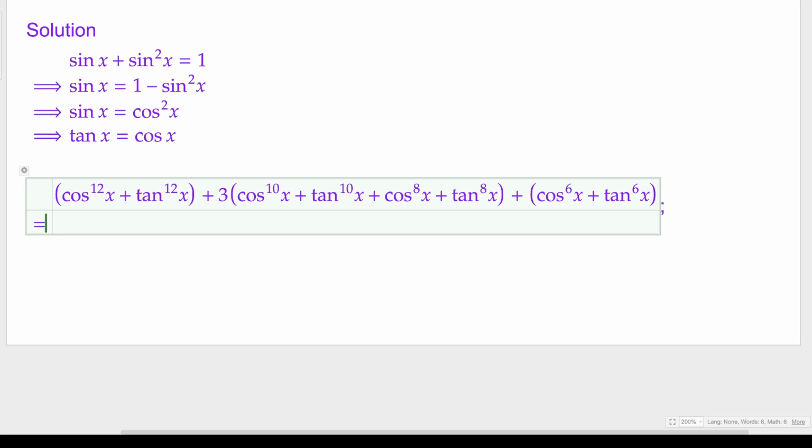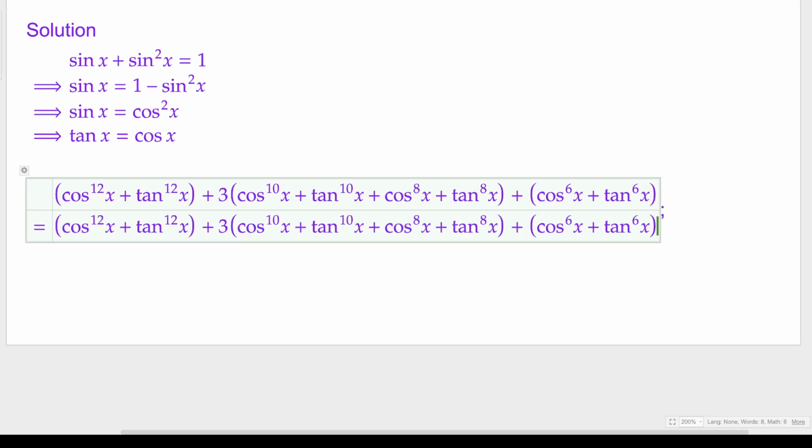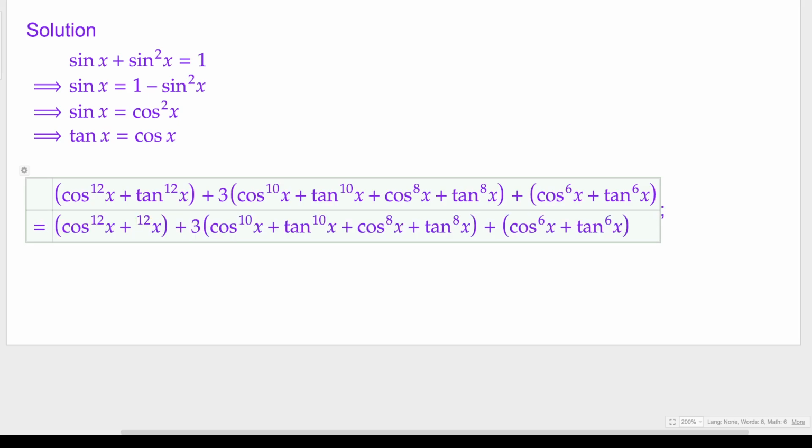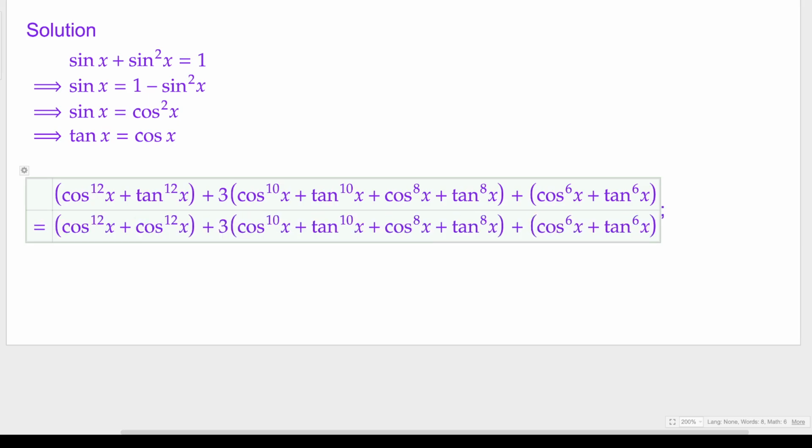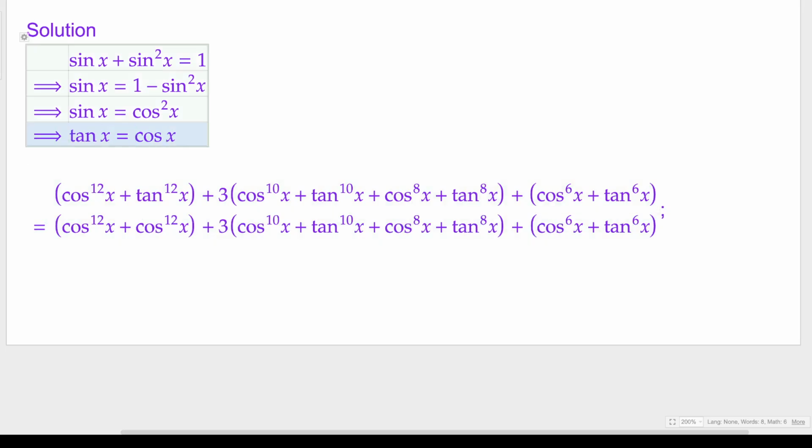from this expression we can observe carefully that we have cos x power 12 and we have tan x power 12. Now if you observe, instead of this tan x power 12 we can replace this tan x with cosine x, right? So I'll replace this tan with cosine. Why? Because here we have obtained that tan x is equal to cos x.